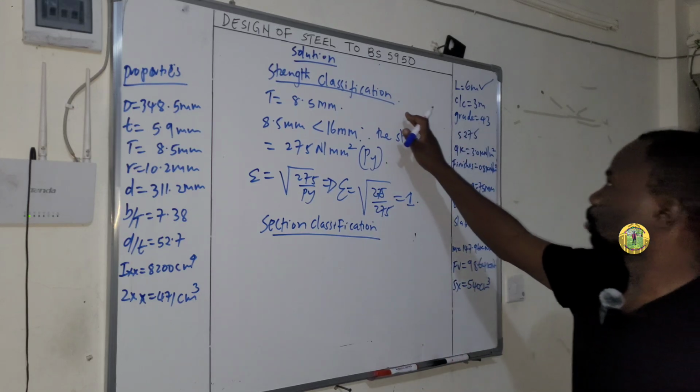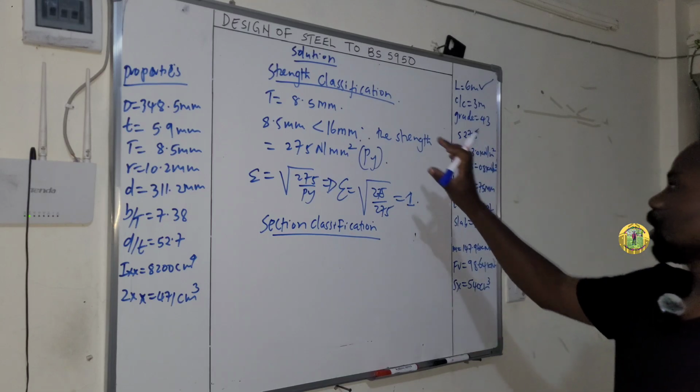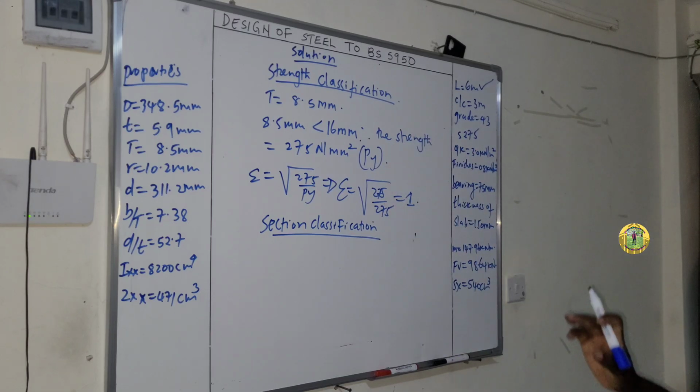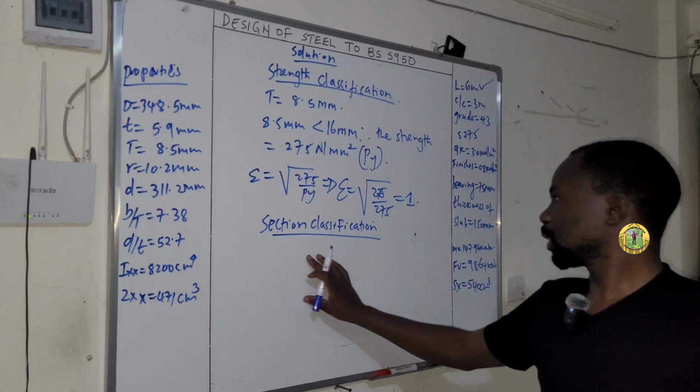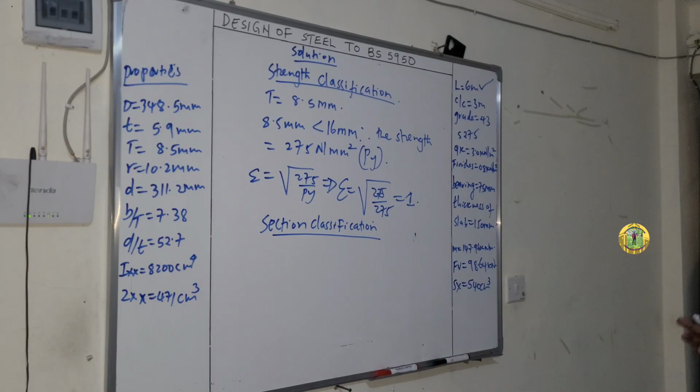You will see these two tables: for strength classification, the parameters given, and also the parameters given in section classification, like the plastic, the compact, and the semi-compact. So let's now classify the section of this steel. We will begin with the flange.